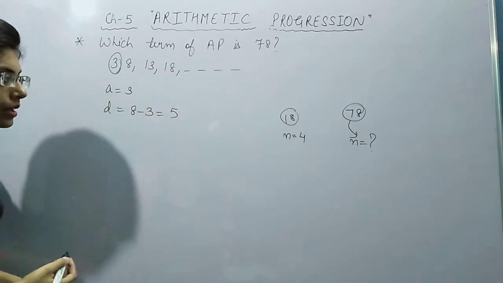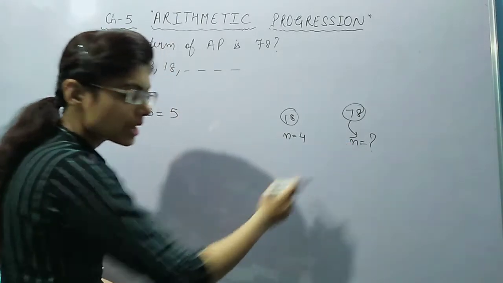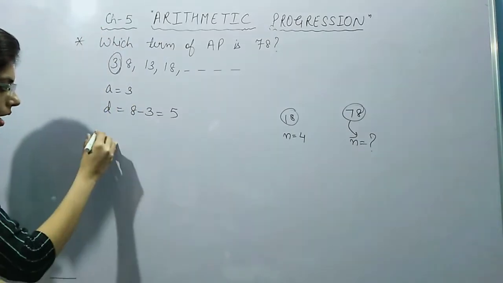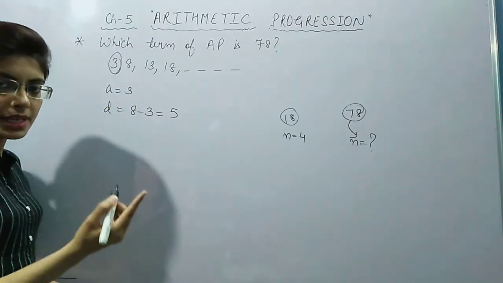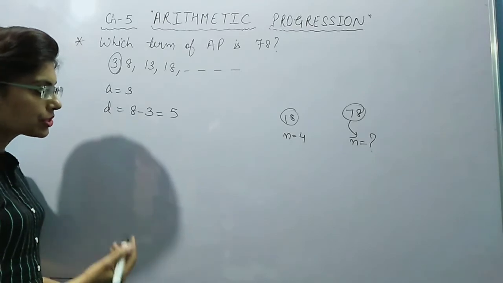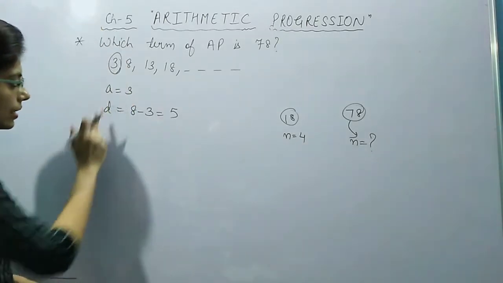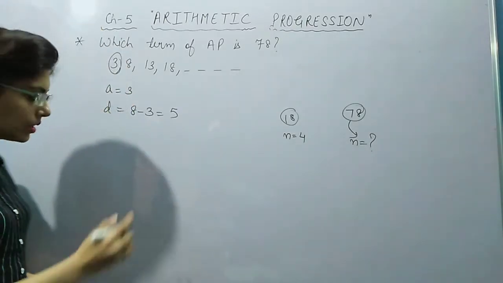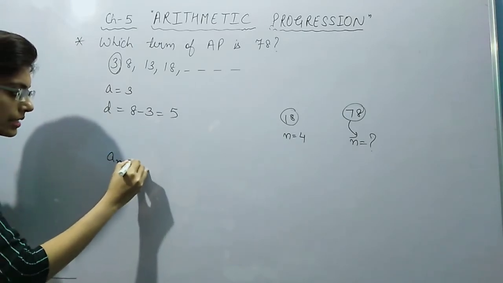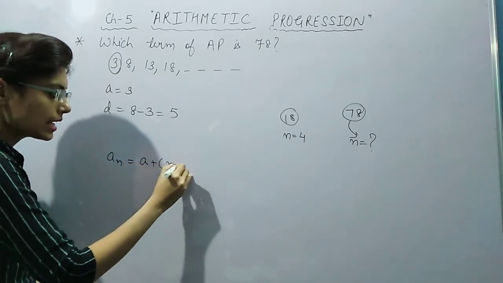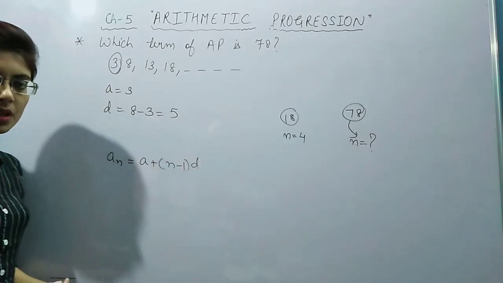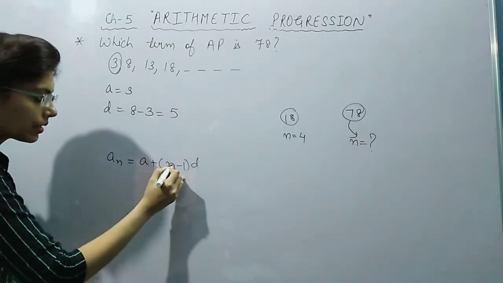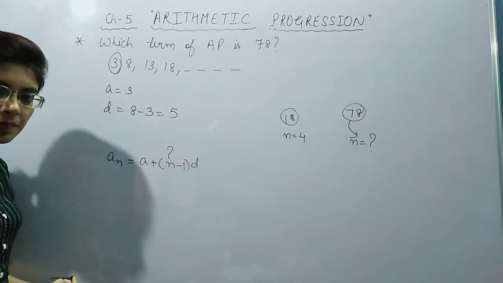Now we have to find the value of n, so I will revise the formula in which n, a, d are used. The formula is an = a + (n - 1) d.